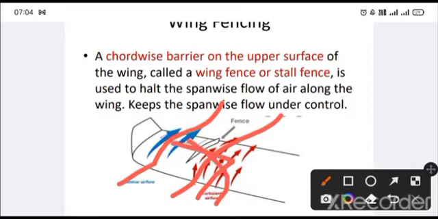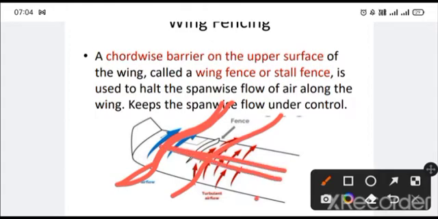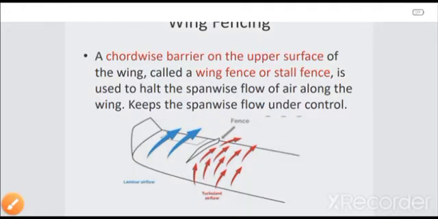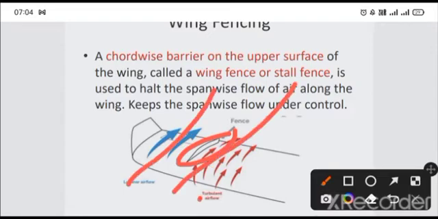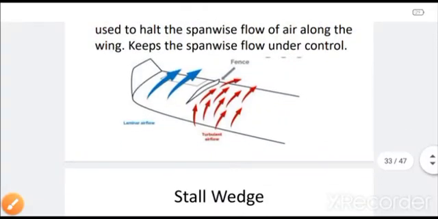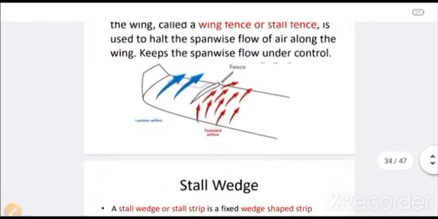This is not chord-wise flow. This is the chord-wise flow that we require, and any span-wise flow like this is not allowed. That will not give us any sort of lift. So in order to resist that, we use small barriers like this, which allow only smooth laminar, chord-wise flow to take place over the surface, and these are called wing fences.